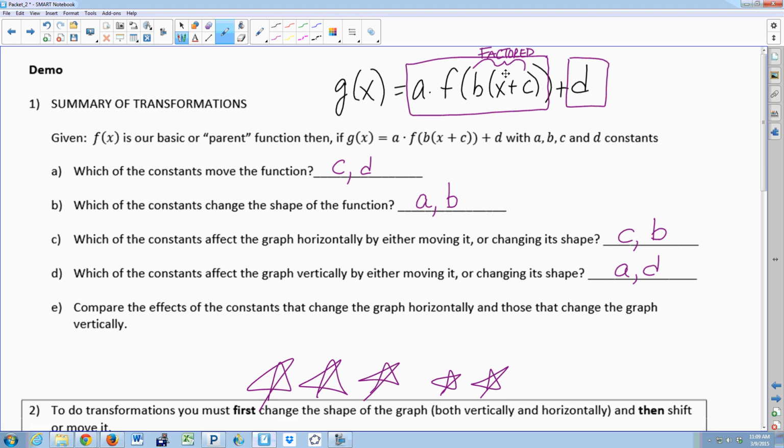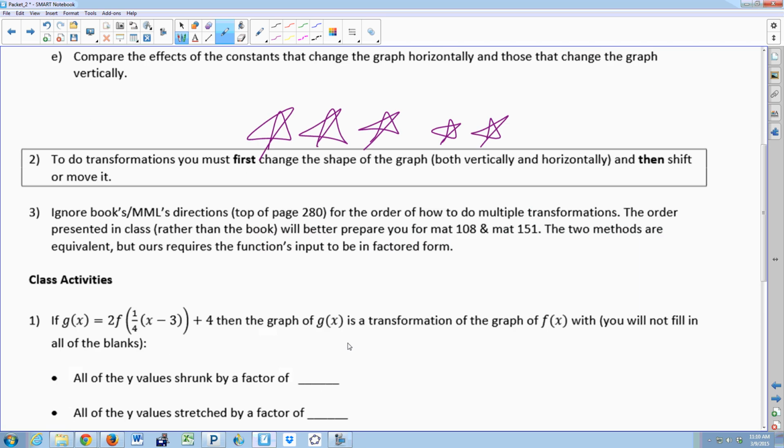However, the horizontal effects are inverse of what you think. So if you see a plus 2 here, instead of going to the right 2, you go left 2. It's the inverse operation. If you're doubling something, you're dividing by 2 or multiplying by a half. It's exactly the opposite of what you think. So the effects are different.